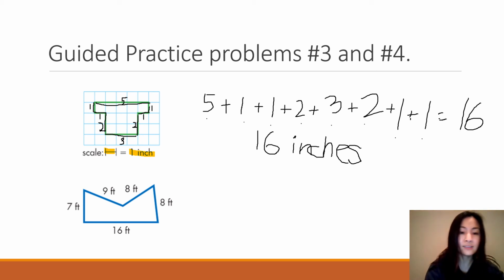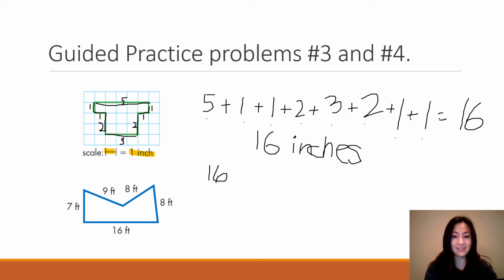Okay, so you can add them up however you want to. Sometimes people like to start with the largest number. I'll go ahead and write the 16 right here. And then maybe you wanted to add 7 and 9 in your head.